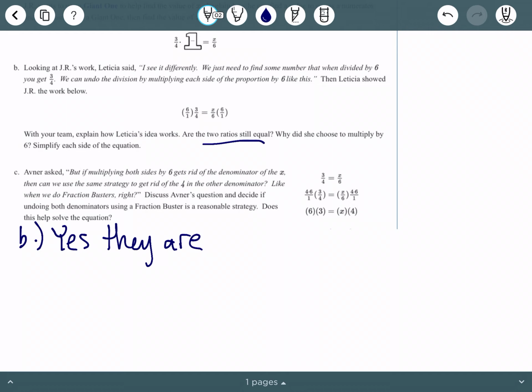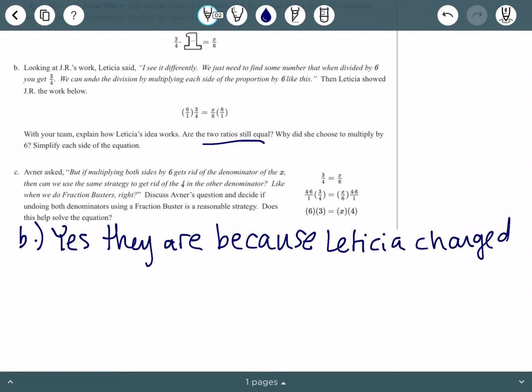And why? Well, because Letitia changed them in the same way.